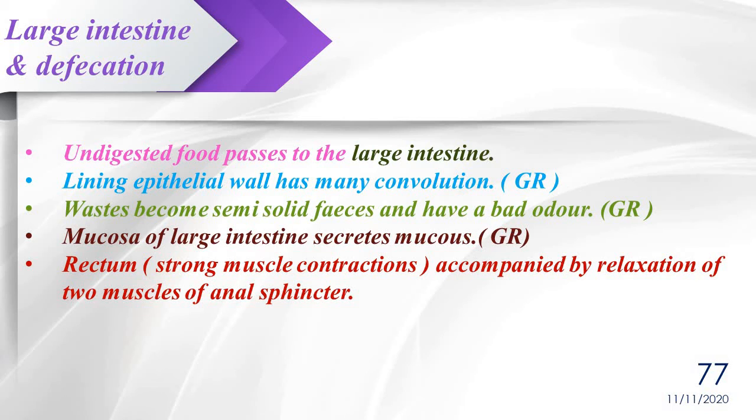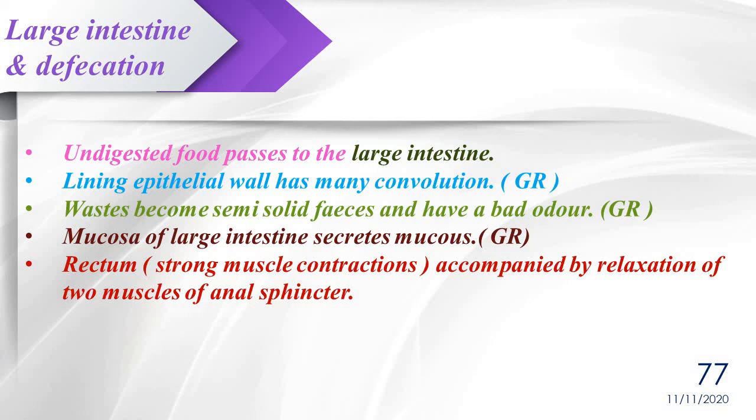After we have finished the small intestine, we go to the large intestine. The large intestine stores the undigested food, and it has mini convolutions inside in its epithelial tissue. It also has a bad odor because it contains wastes, of course.